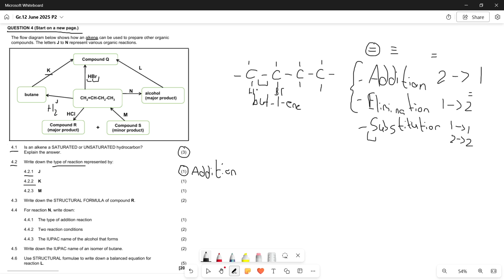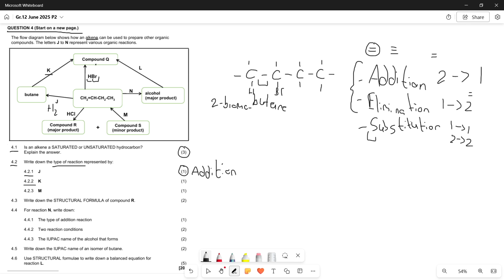Which means we're ending with a product like this for our compound Q. Our compound Q then is 2-bromobutane, which means we can remove this because there's no longer a double bond over there, and we can just add our ane over here. So compound Q is this guy, 2-bromobutane, because we have our Br on 2 and our double bond broke.